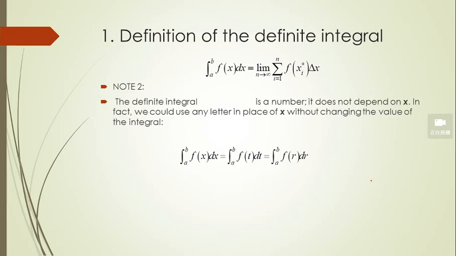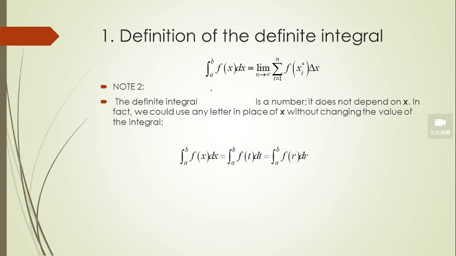So, according to our definition, I just repeat here: the definite integral is a limit of this sigma notation, the sum of n approximating areas, choosing the sample point in each subinterval.